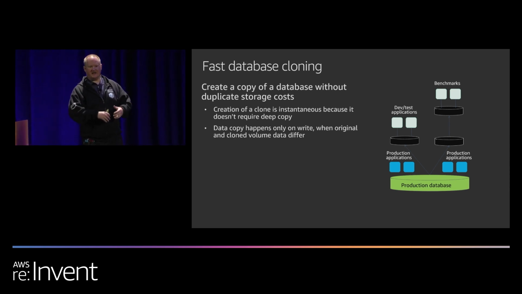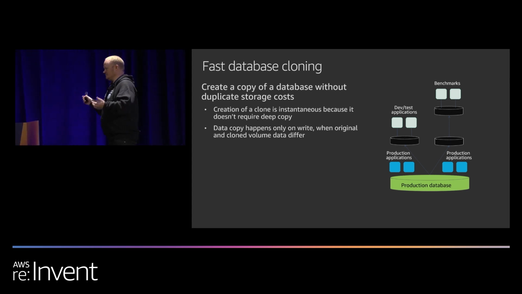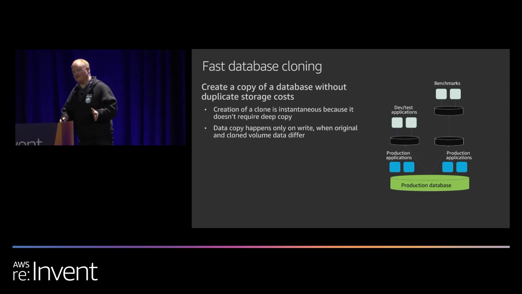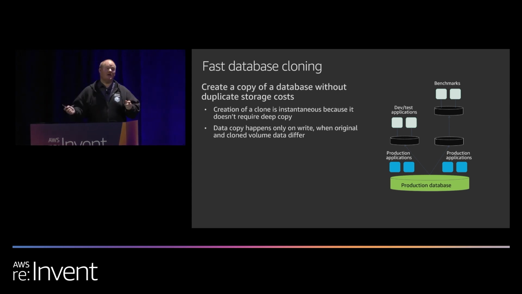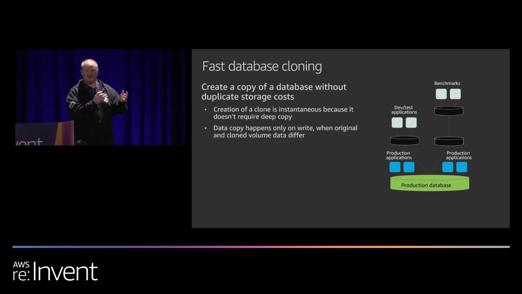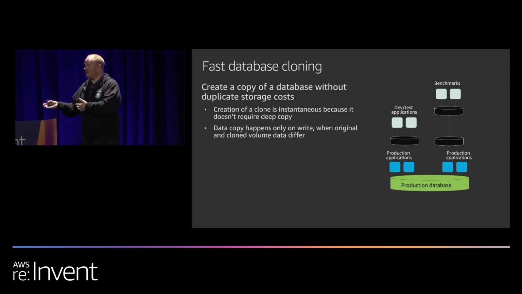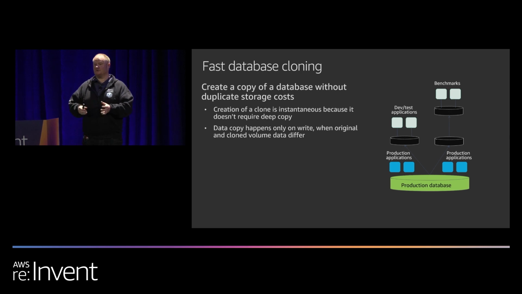So if I have, let's say, a 100 gigabyte or 64 terabyte database and I clone it, I now have the clone which has access to all of this information, but it just points to the same pages in storage that the master did, or the original database, if you will, that you cloned. And because of this, the only storage that you pay for on the clone side is whatever diverged.